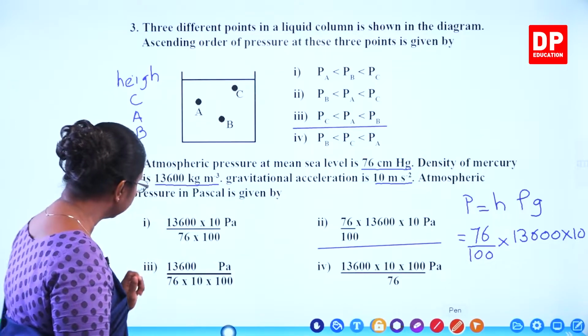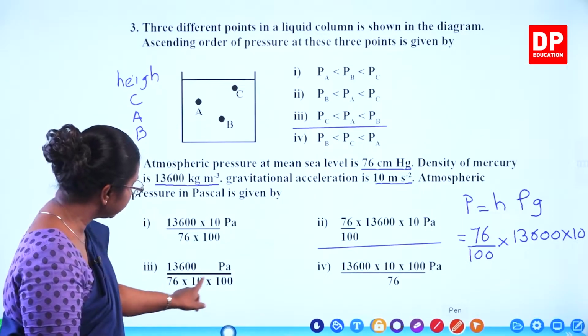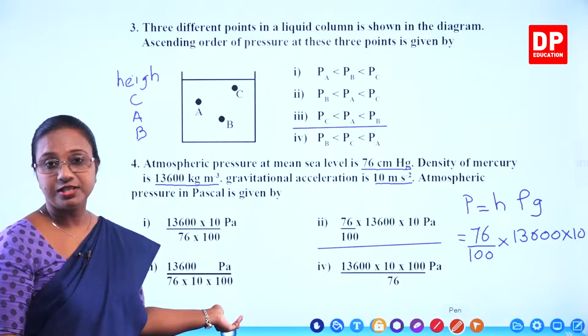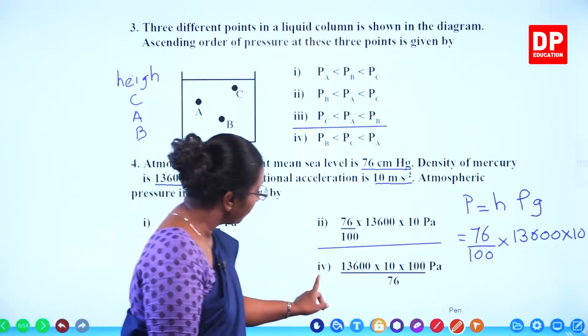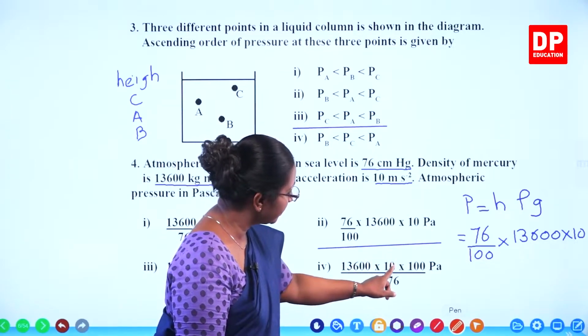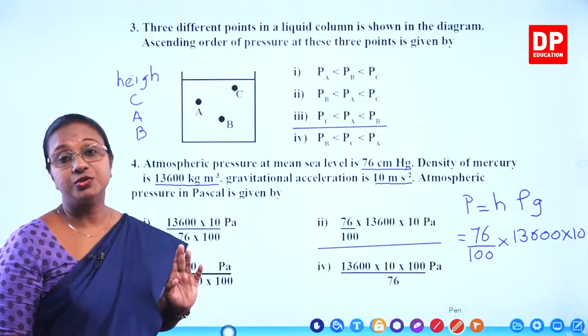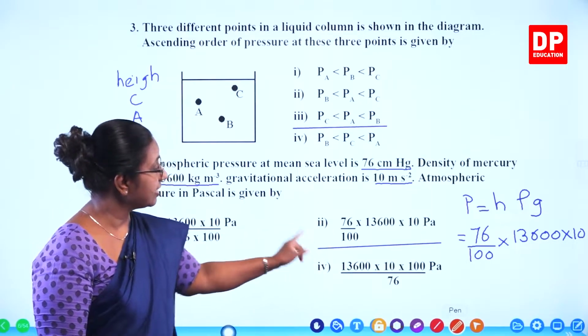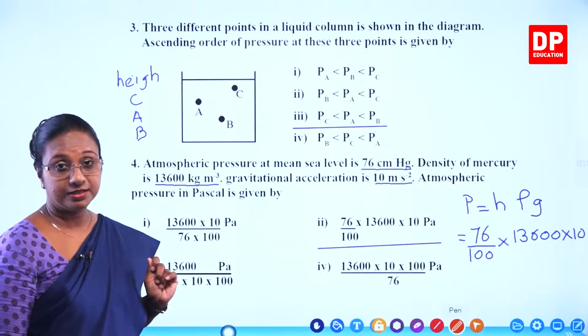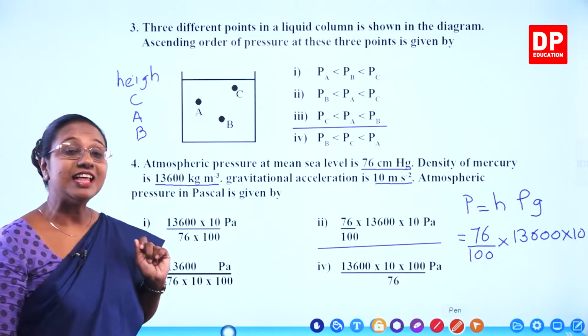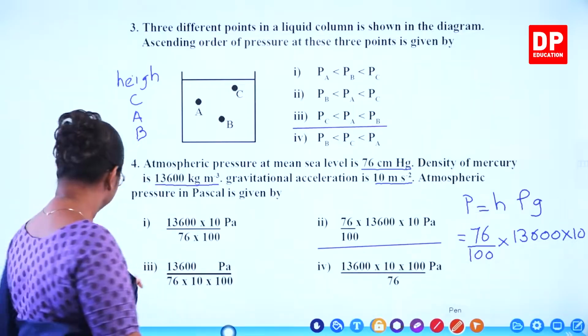Then if you look at the third one, 13,600 divided by 76 into 10 into 100, not the correct relationship. Fourth one, 13,600 into 10 into 100 divided by 76, is also incorrect. So the correct answer is the second one. I am sure you all were able to answer these correctly. With that, students, we'll move on to the next one.